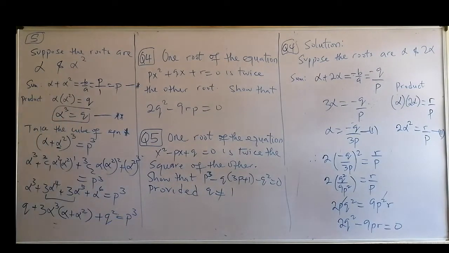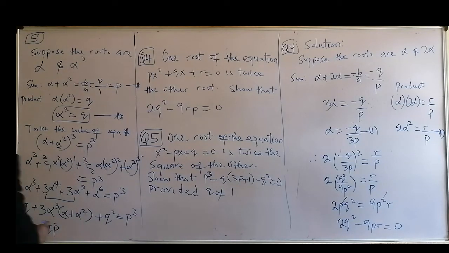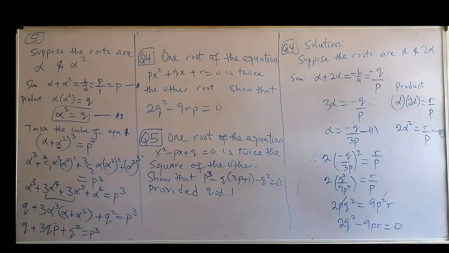So the thing is forming. So we have q plus 3, alpha to the power 3 is q, so 3q into this one, alpha plus alpha square, that's p, plus q squared equal to p cubed.